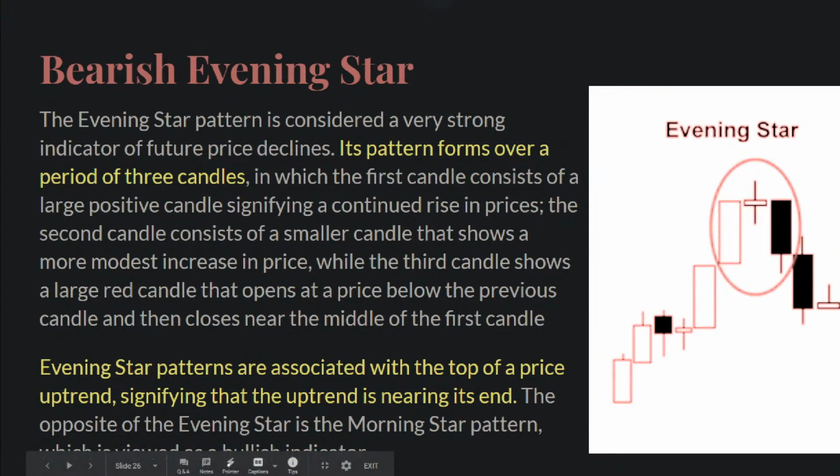So basically, if we remember what a spinning top or a doji does, we've got an uptrend. We get our spinning top or doji, and then we get our reversal as a result.